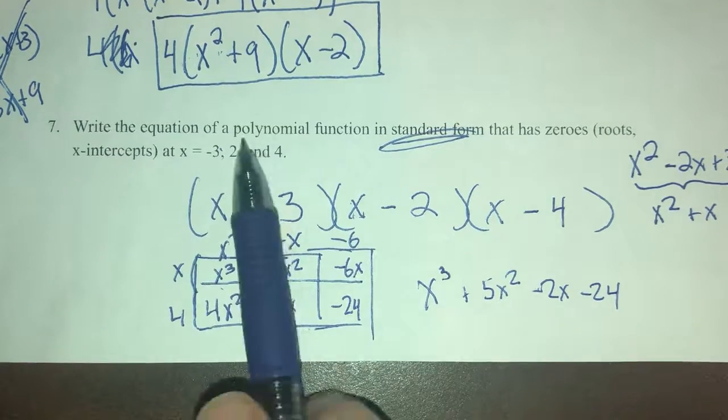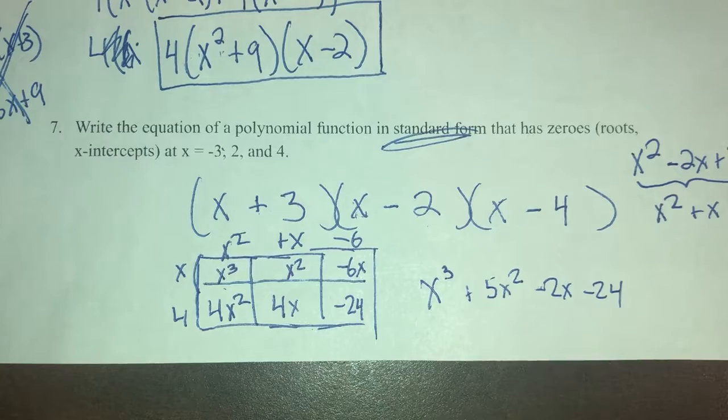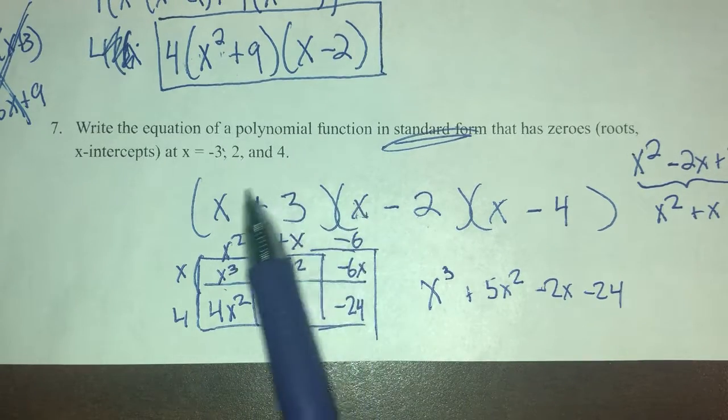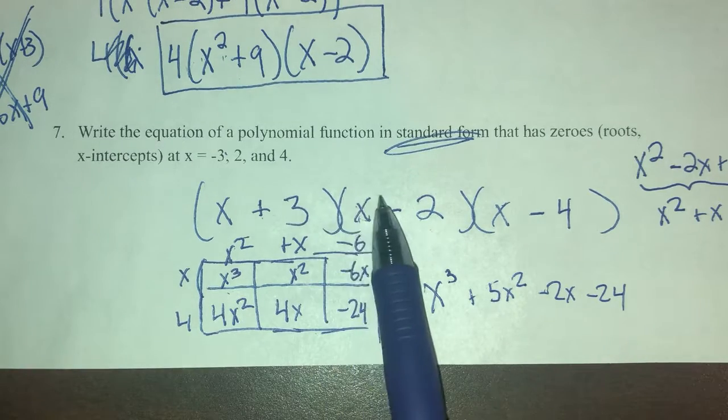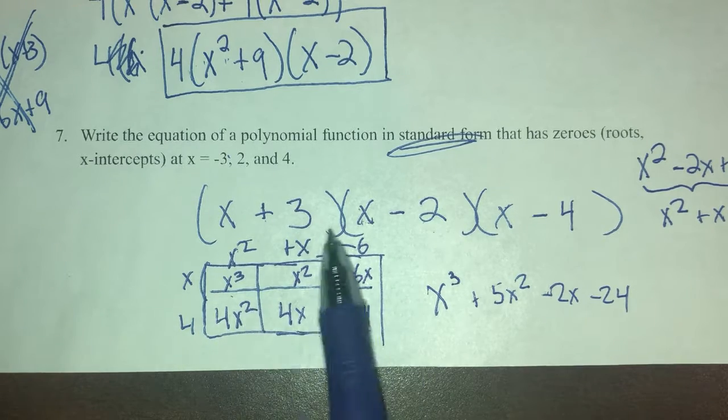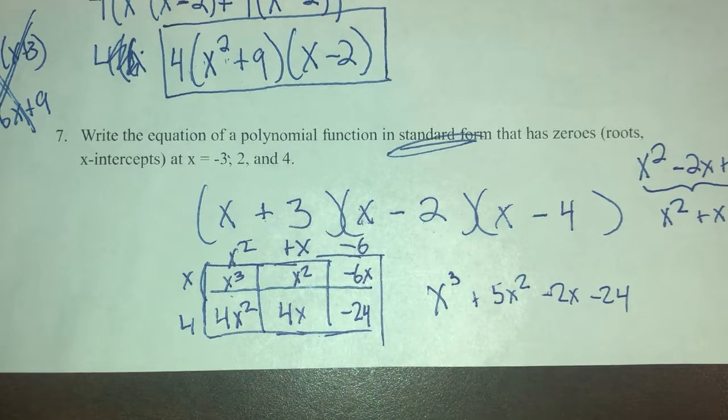So here's the idea, right? First, build this out, okay? Second, do out your multiplication here. So x squared minus 2x plus 3x minus 6. Doing the last multiplication here, again, check the box. Boom, boom, boom. Do that all out.